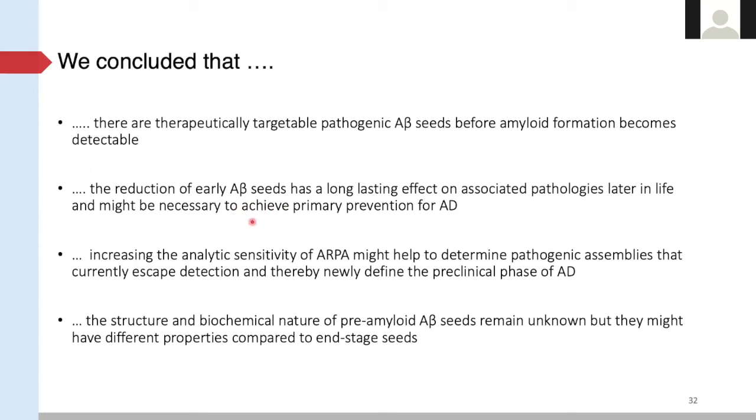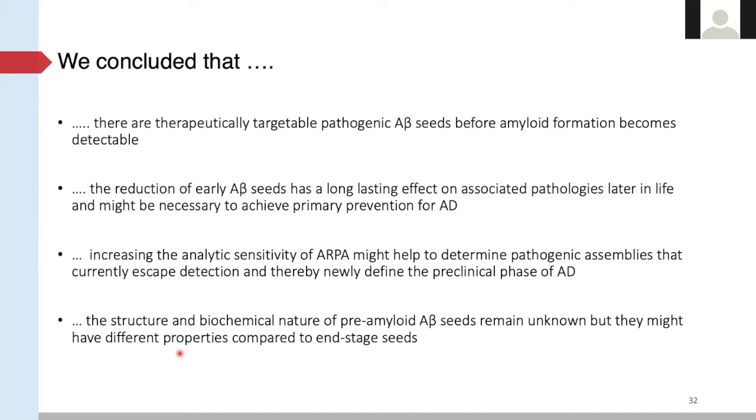And this might be necessary to achieve primary prevention for Alzheimer's disease. We also concluded that increasing the analytic sensitivity of ARPA might help to determine pathogenic assemblies that currently escape detection, and thereby we could newly define the preclinical phase of AD.